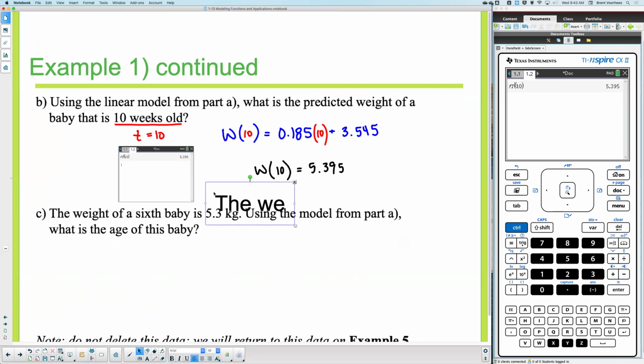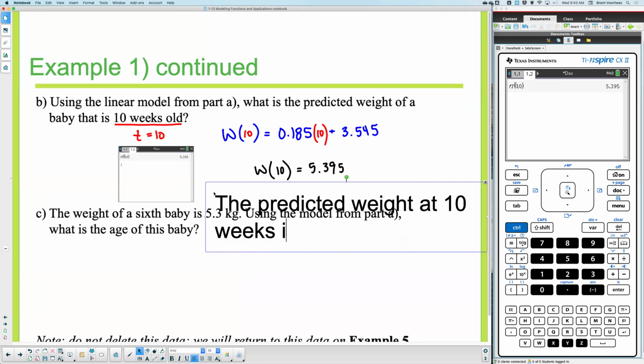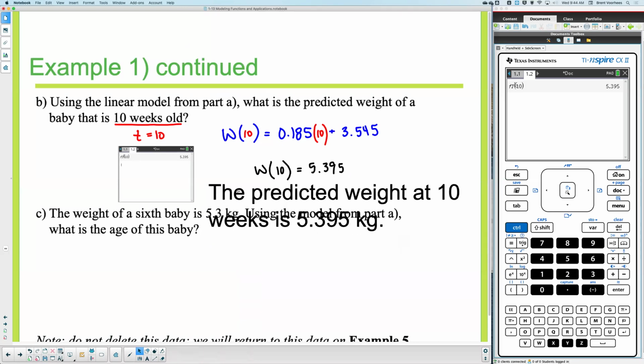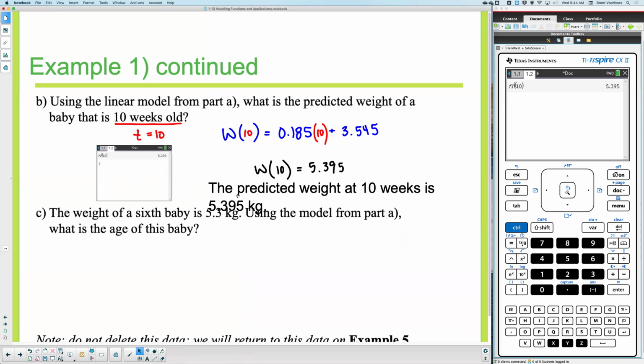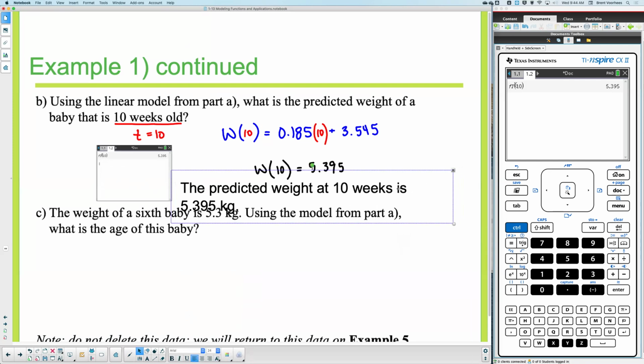The predicted weight at 10 weeks is 5.395 kilograms. That's what we just discovered in the calculator.